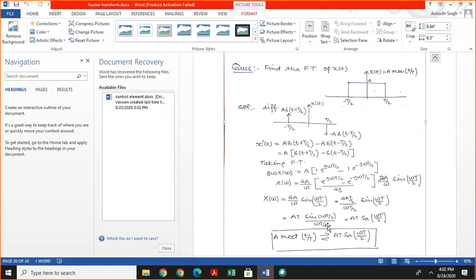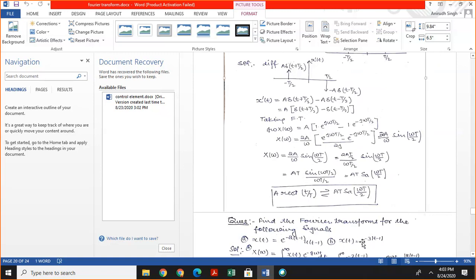So we can say that X of omega is equal to A T sampling of omega T by 2. So the Fourier transform of a rectangle of T by T is given by A T, meaning this A T is the amplitude multiplied by the duration, multiplied by sample of omega T by 2.